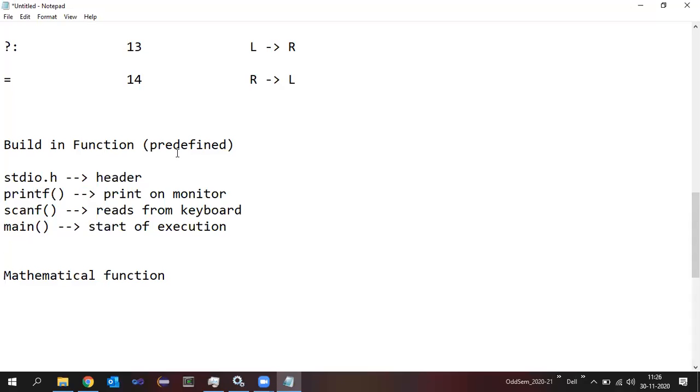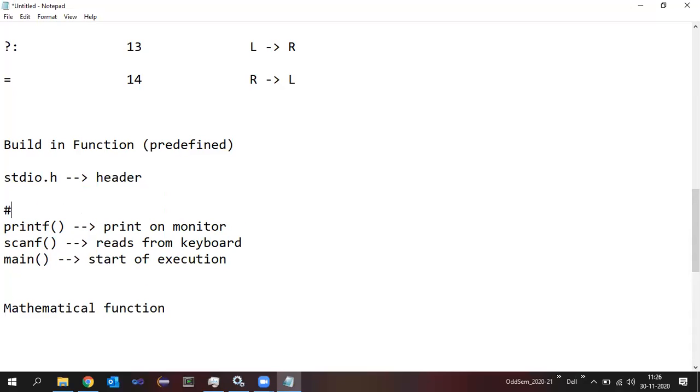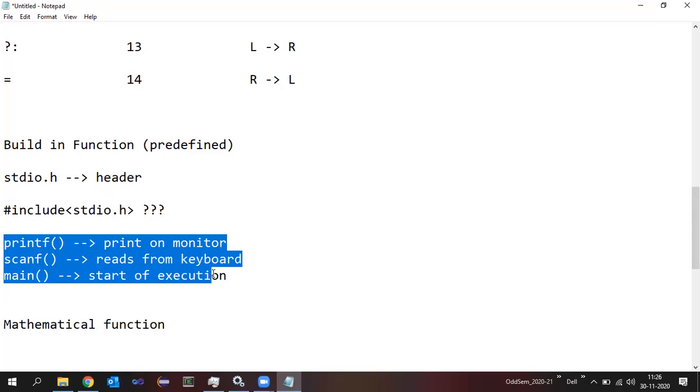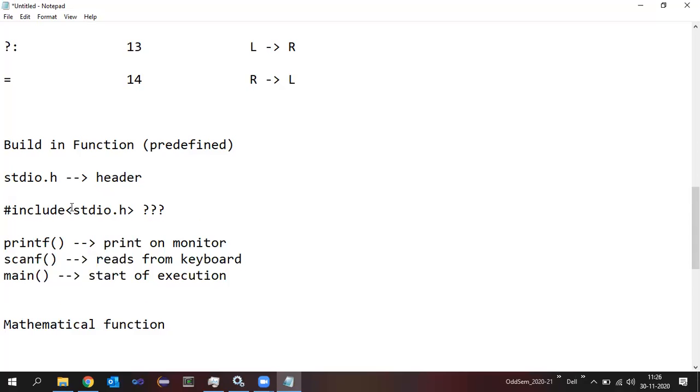The reason we write the statement hash include stdio.h is that in our program we are going to make use of these functions, and they are present in this header file. Since they are present there, I am including the header file in the program. That is the meaning of this statement, hash include stdio.h.